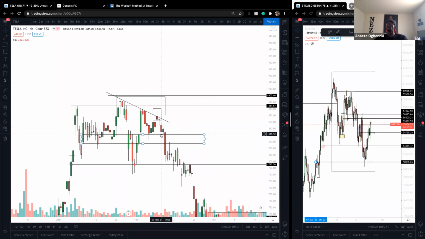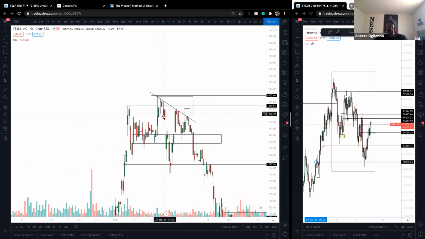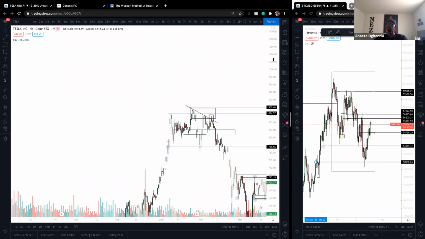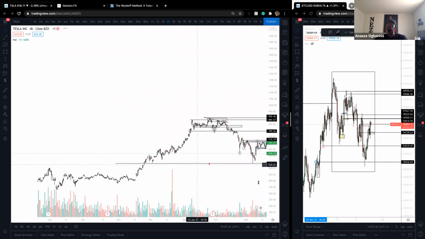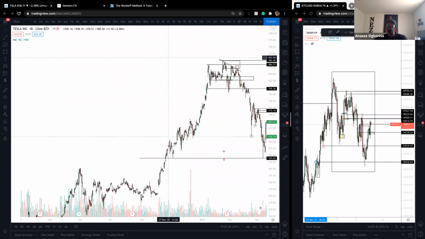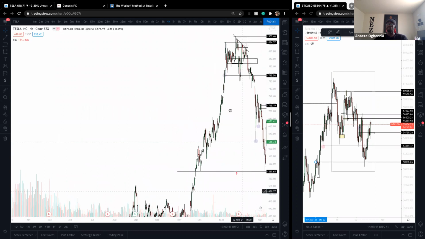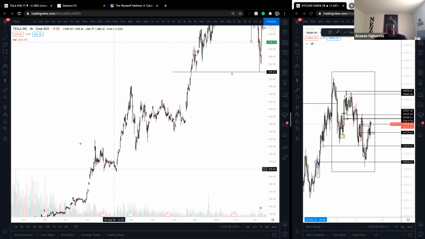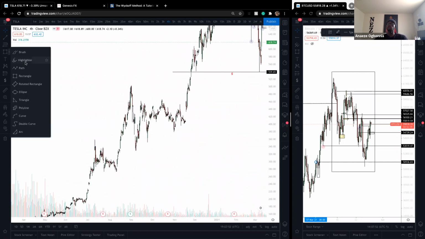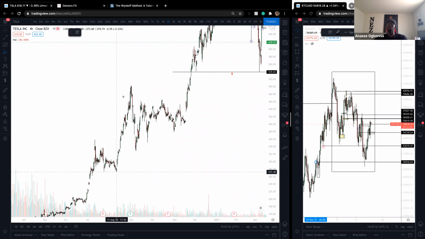As you can see, this is initially where I first saw my signal, because this candle, this order block, broke structure to the downside, which is very uncommon with Tesla when I back test or look back in time. If you zoom out, you're going to see it's very uncommon that Tesla ever breaks structure.